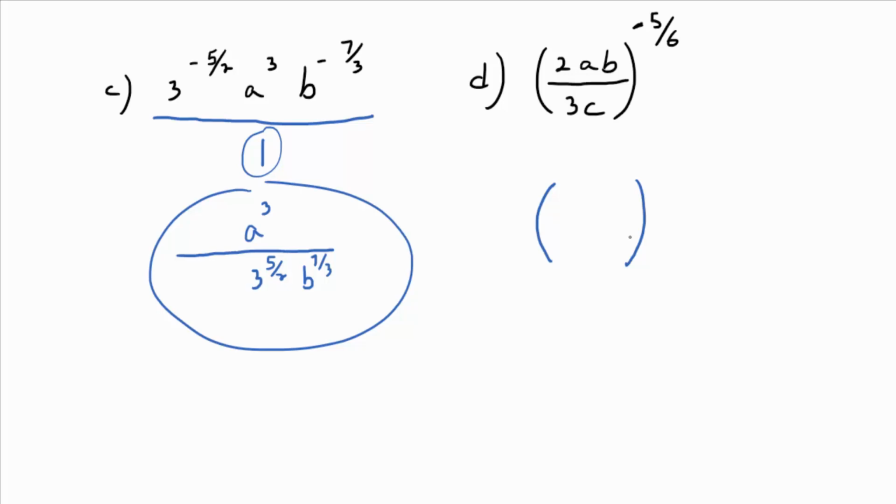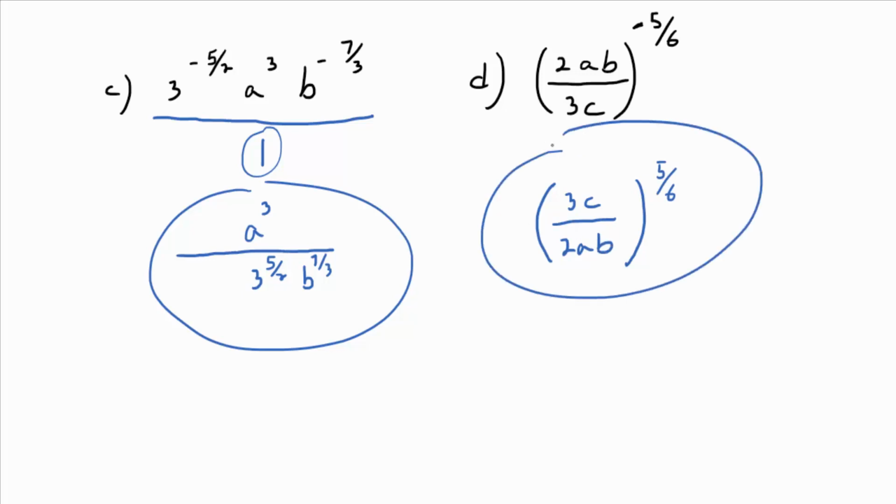So I would leave it on the outside, make it positive 5/6, and then just take the reciprocal on the inside, get 3c over 2ab. And it is true that if you wanted to lose the parentheses, the 5/6 would be attached to both the numerator and the denominator, but that's just going to become really messy if I do that, so I'm just going to stop there.